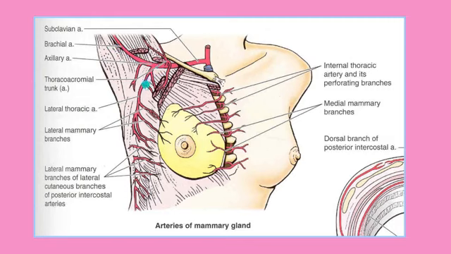And the lateral thoracic artery is a branch of the second part of the axillary artery, and it will give these lateral thoracic branches. So this is neat because you'll see this more often.